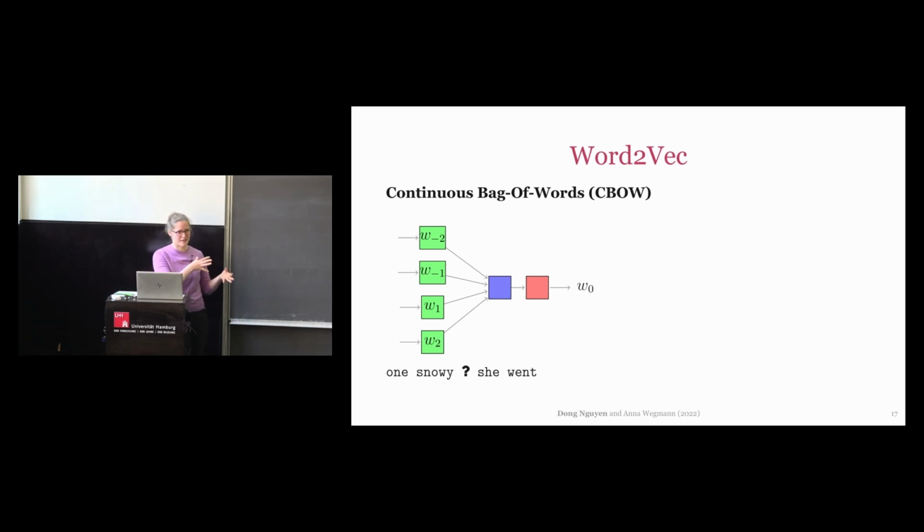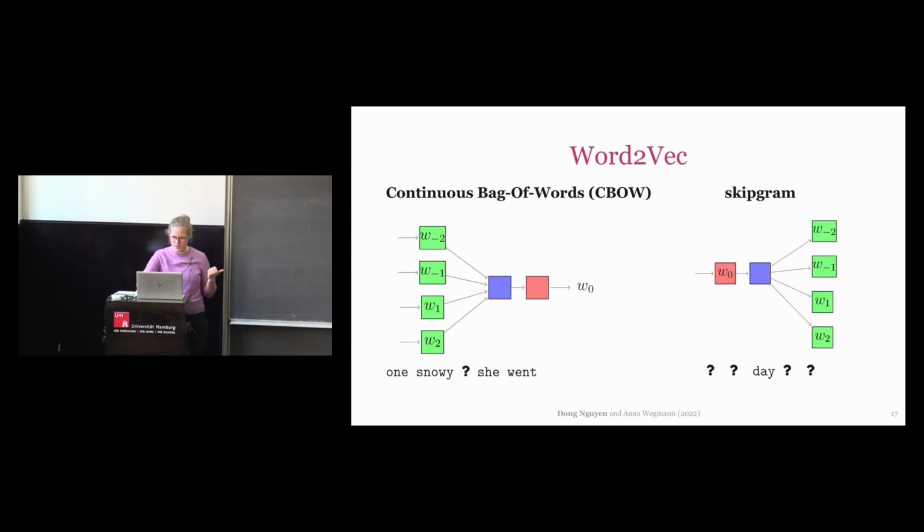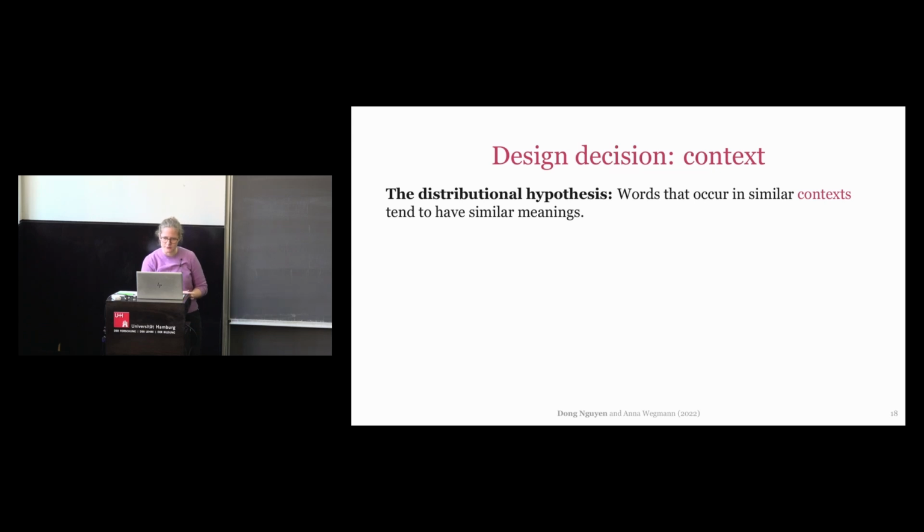Remember, you just take a text that you have, so you know what's missing, and you try and learn that exact word. That's continuous bag of words. You can also do it the other way around. You might have the word day and predict what's happening around it. And by training this, you train a representation of these specific words in vector form that you can later on use.